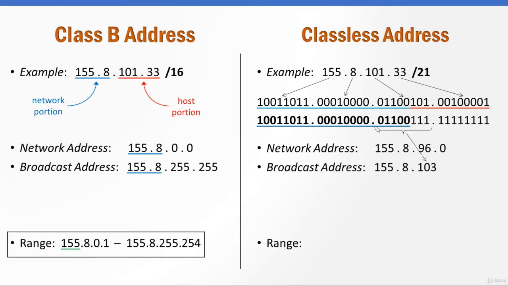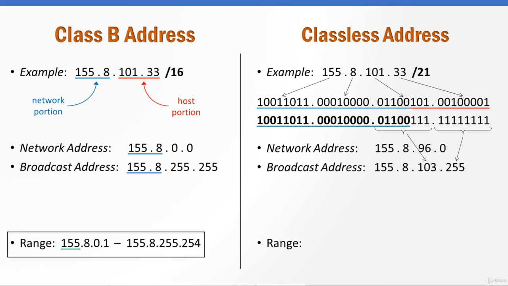And that's going to be 103 when we add all of these up. And the fourth octet is going to be 255 because we have 8 ones in the binary format, which is 255 in the decimal format.